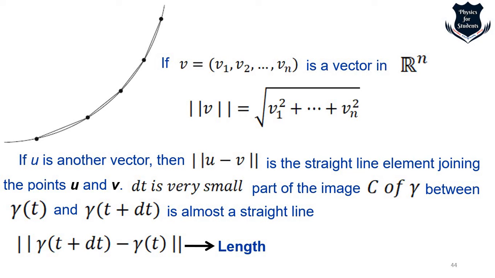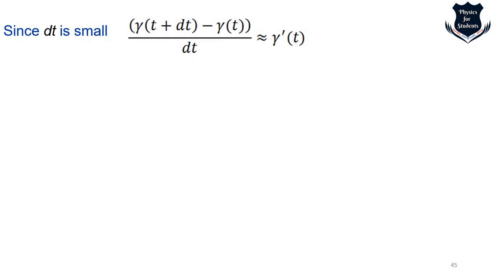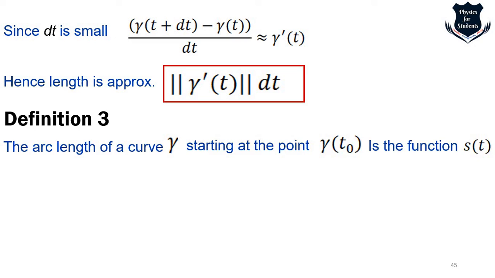This is a very interesting point. And since del t is very small, we get this, which is approximately equal to gamma prime t, so the length is approximately this one, right?